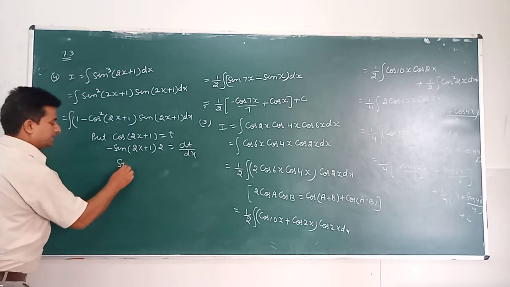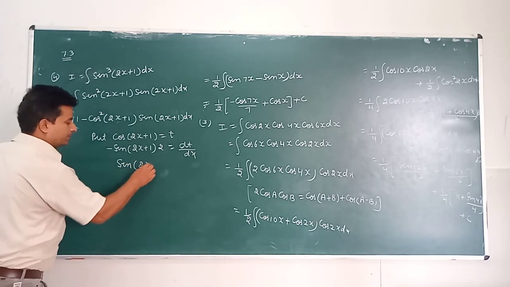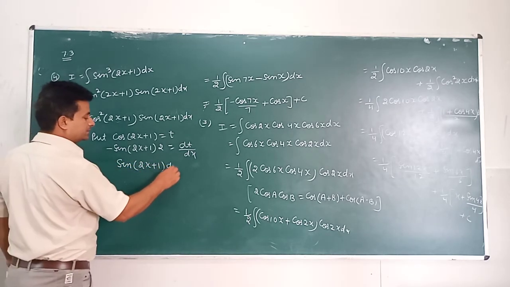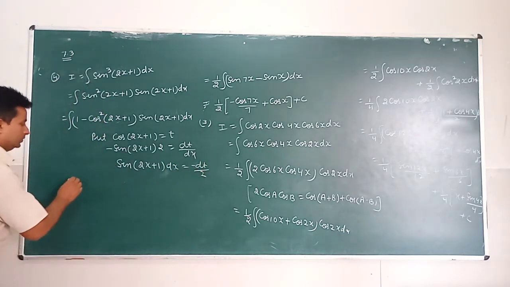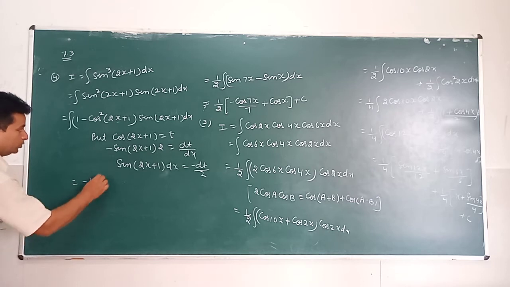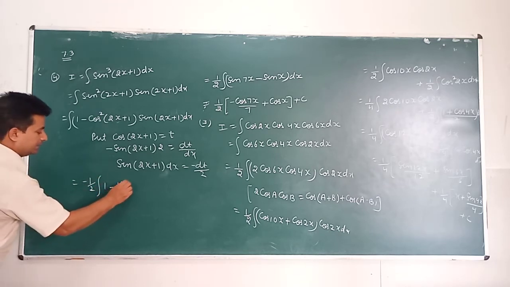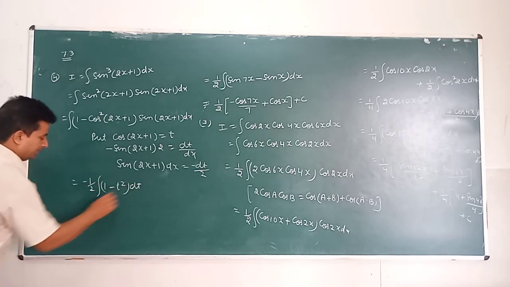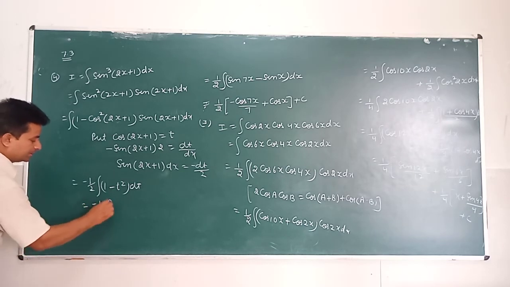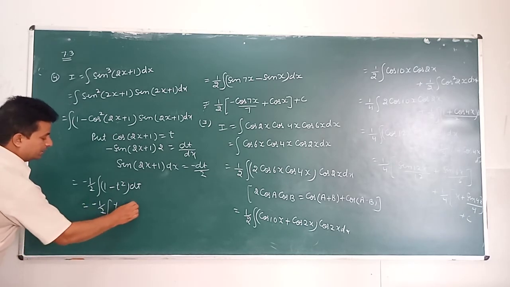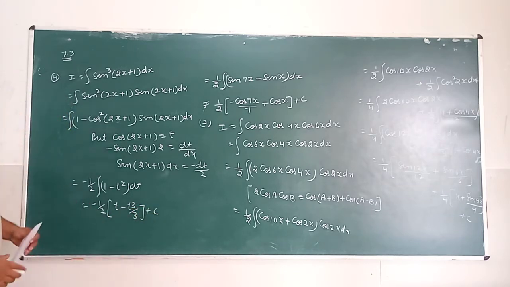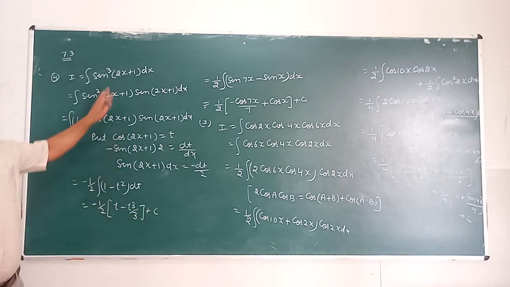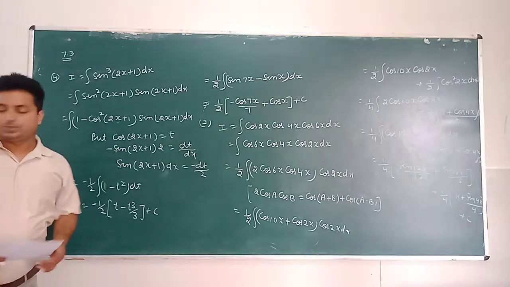So it is sine (2x plus 1) dx equals to minus dt upon 2. So it is minus 1 upon 2, (1 minus t square) into dt. So its integration is t minus t cube upon 3 plus c. Put value of t, that's cos (2x plus 1).